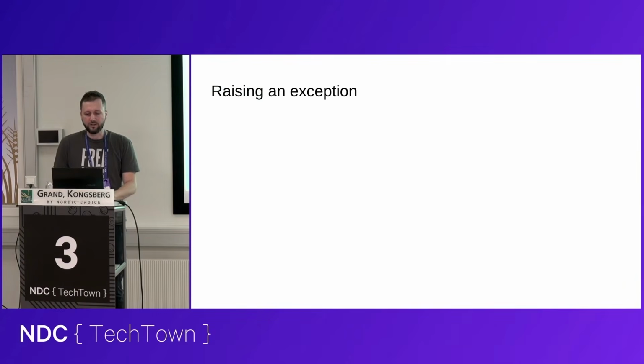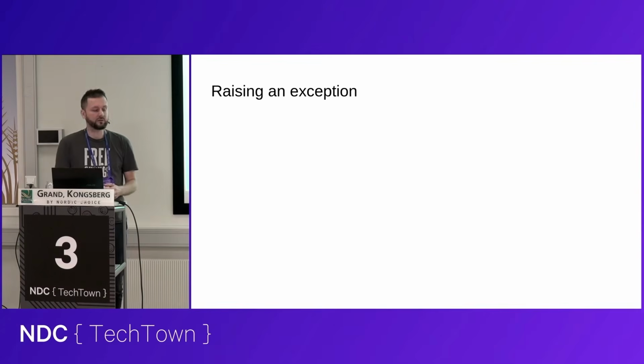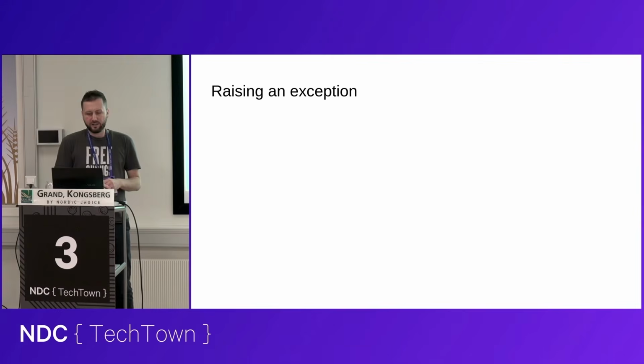Raising an exception is fun. In MicroPython, exceptions are implemented as non-local returns, or NLRs. That's setjmp and longjmp on the x86 platform. And in Rust, doing this is super unsafe because it breaks the scope exit rules. Basically, if you non-local return from somewhere, nothing gets dropped, nothing gets finalized, and you're in a completely inconsistent state.